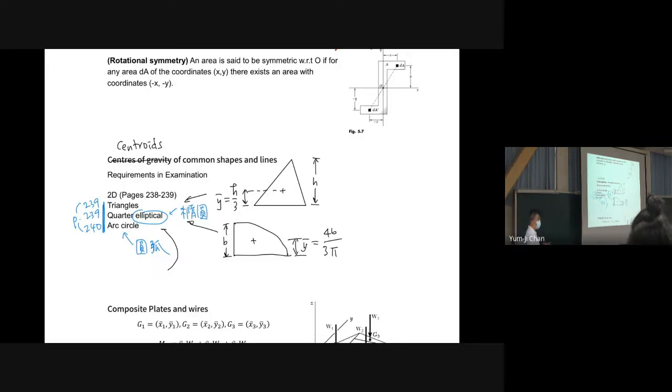Take your time to copy this first. You need to remember these three, and for the others, I will show you how to do them.